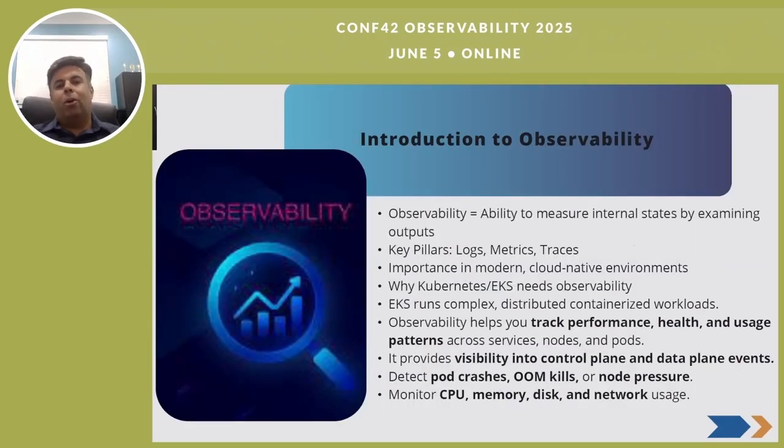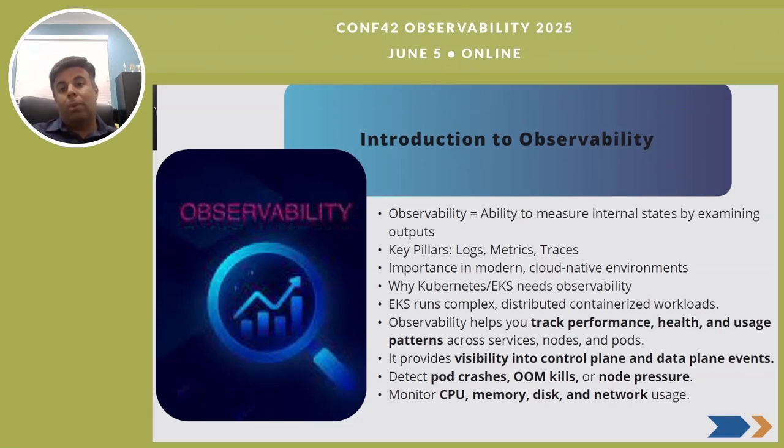What is observability? Observability is the ability to measure the internal state by examining the outputs. The key pillars of observability are logs, metrics, events, and traces. Observability is very important in our modern architecture because, in today's presentation, we're talking in the context of the EKS cluster, and an EKS cluster in AWS runs complex workloads. Observability helps to track the performance, health, and usage patterns across the services, and also across the nodes and the pods.